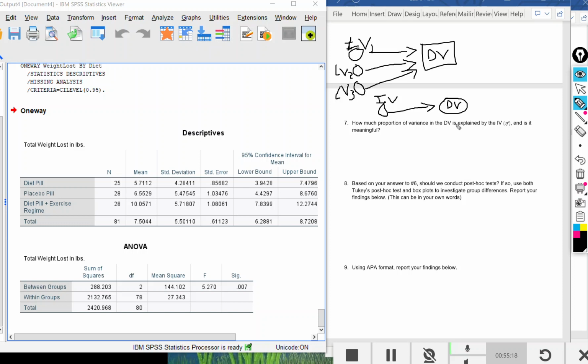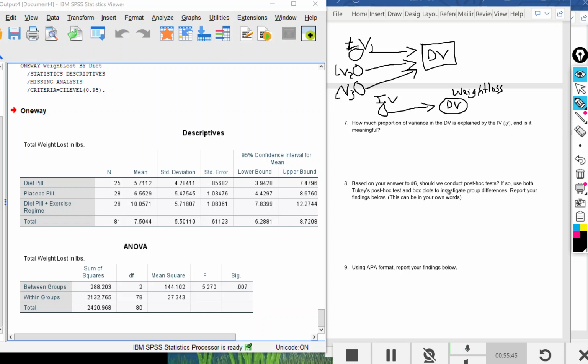So how much does this IV with these three levels explain of this DV, which is weight loss? When we have these groups and there are different levels to the diet plan, how much does that affect weight loss?